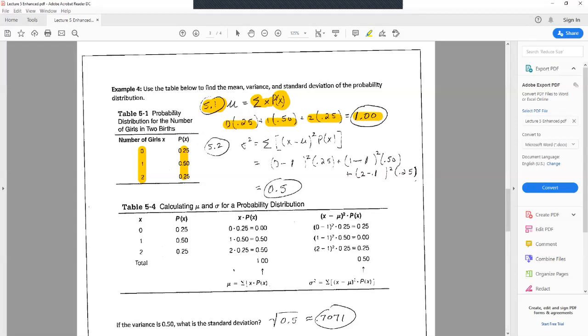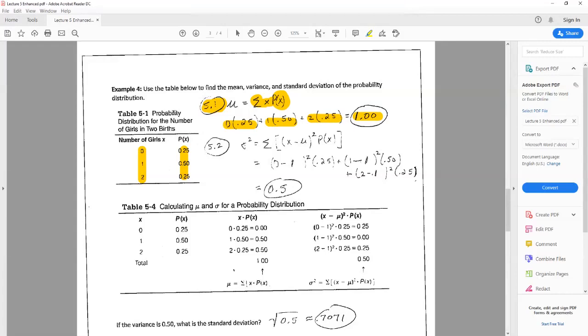So the average number of girls in 2 births would be 1. Okay, so if you have a group of people who have 2 children, for whatever reason, let's say you start a convention and the only people allowed to attend must have 2 children. On average, they will have 1 girl per family.